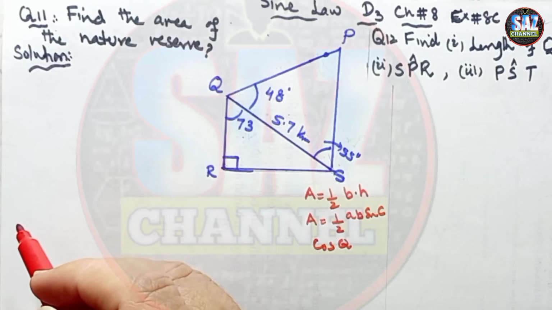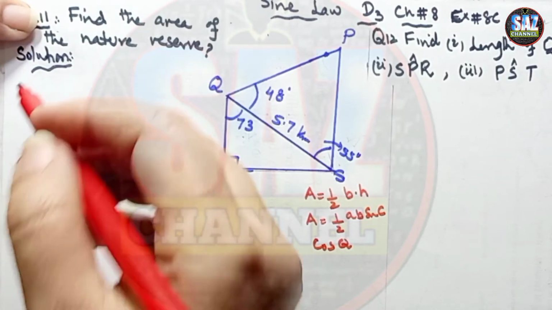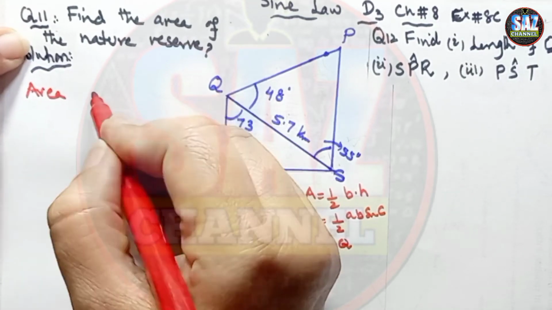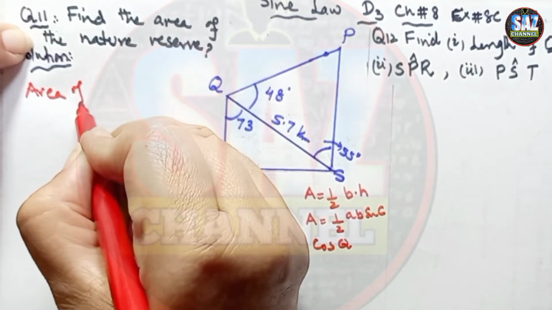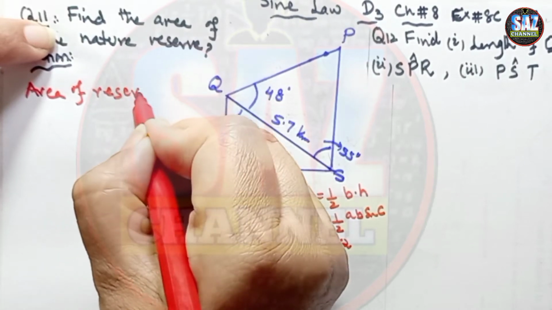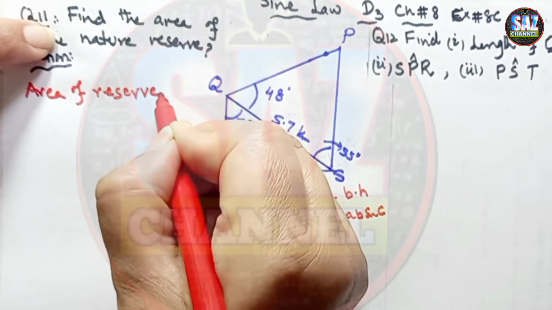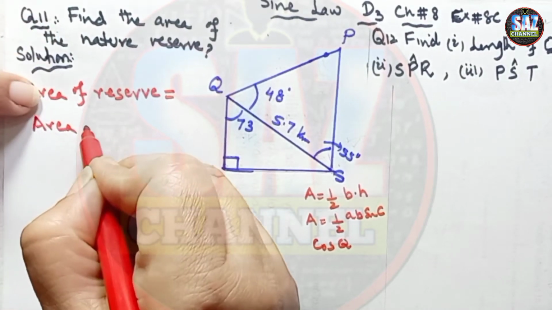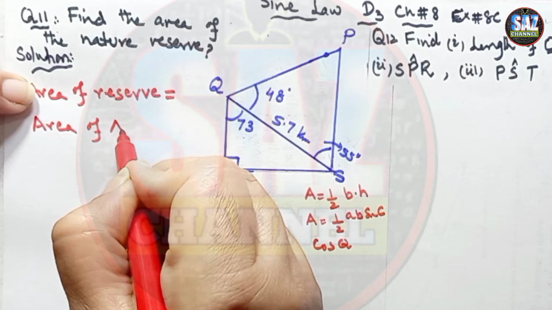So area of whole figure equals area of the reserve, equals area of triangle, which triangle?